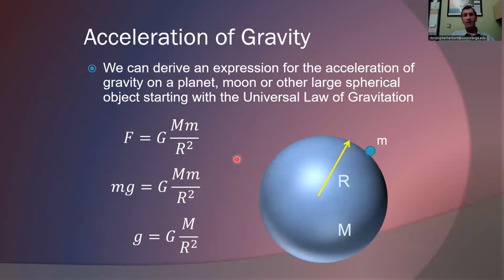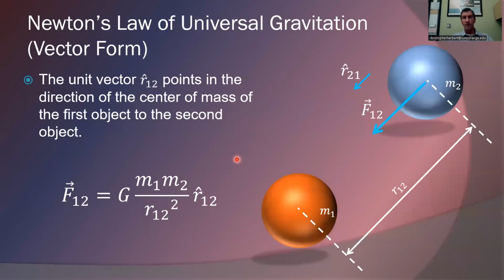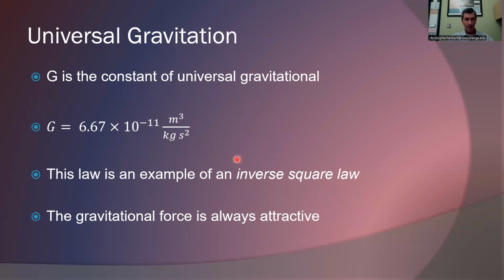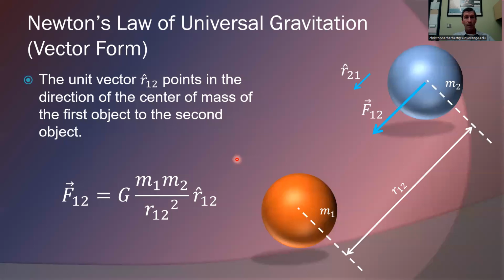Okay, so we want to derive an expression for the acceleration of gravity on a planet. If we think about the force between two objects, and we do a calculation between two masses, let's say, again, our universal gravitation constant 6.67 times 10 to the minus 11, think about this now. We look at these two masses. Let's say that they're about a centimeter apart.